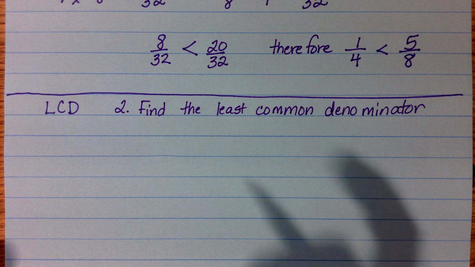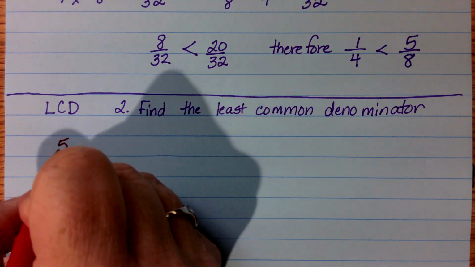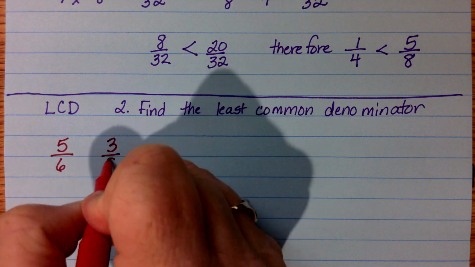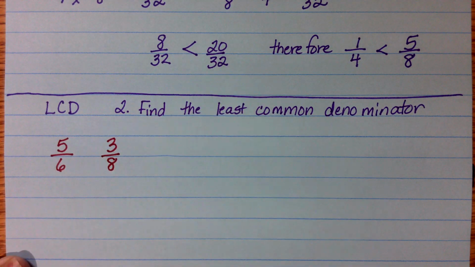So let's compare 5/6 with 3/8. Now our multiples, remember, are those things that are the product of two whole numbers being multiplied together.